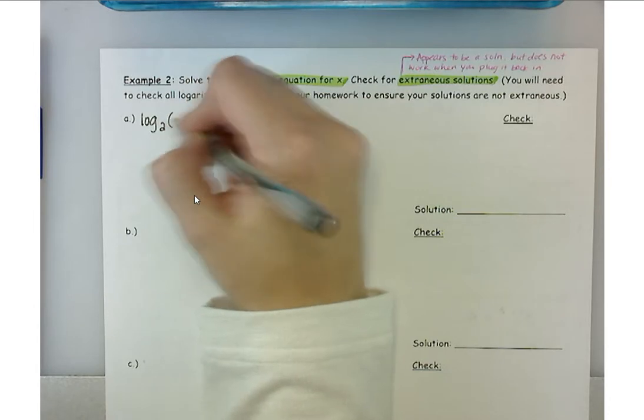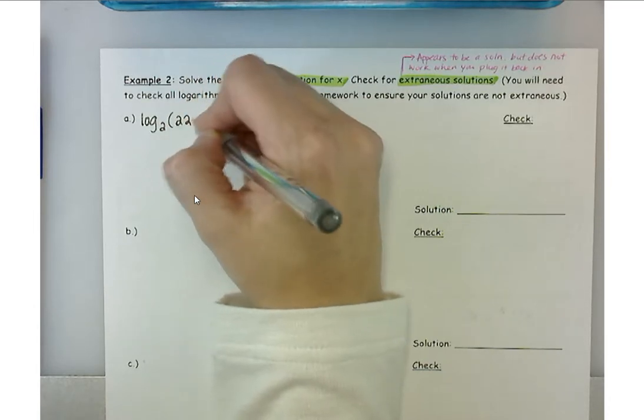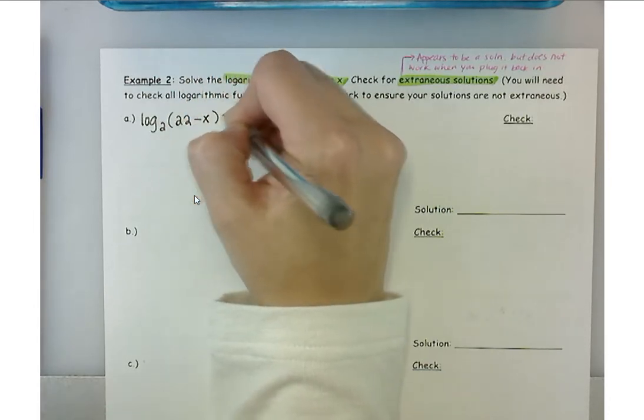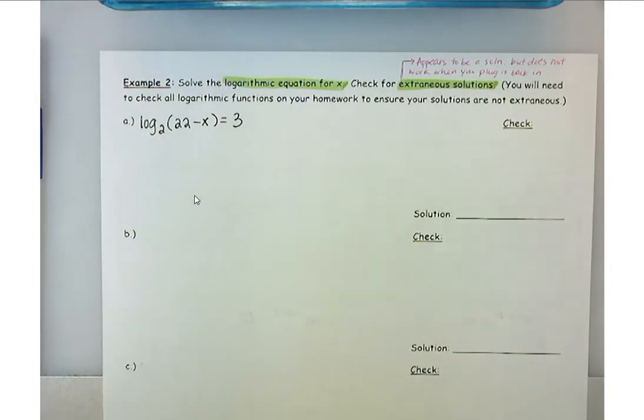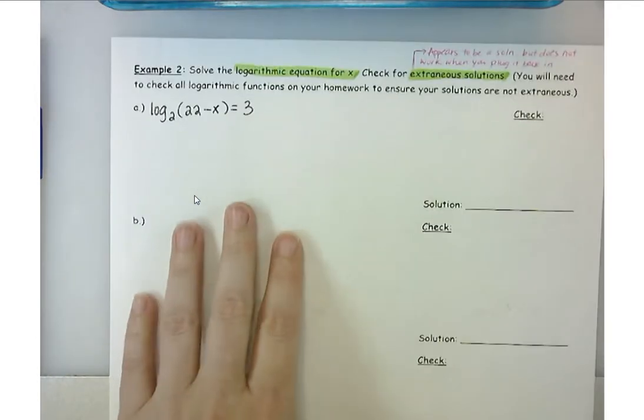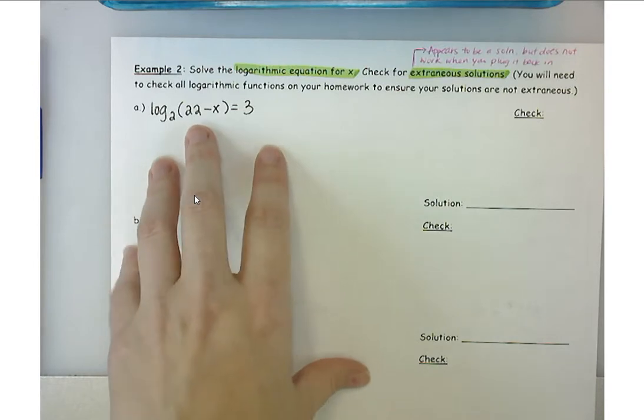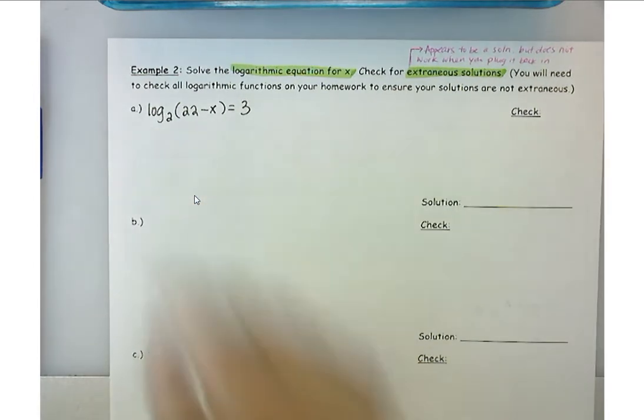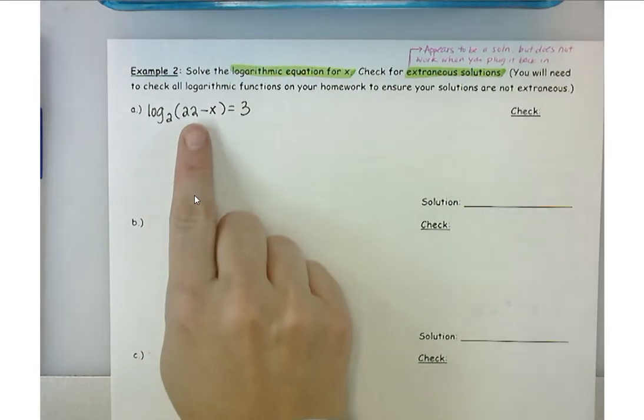So the first one, you have log base 2 of 22 minus x equals 3. Now going back to our solving rules, we have to have the log isolated, and it is. There's nothing added or subtracted to the log, and nothing multiplied by the log.